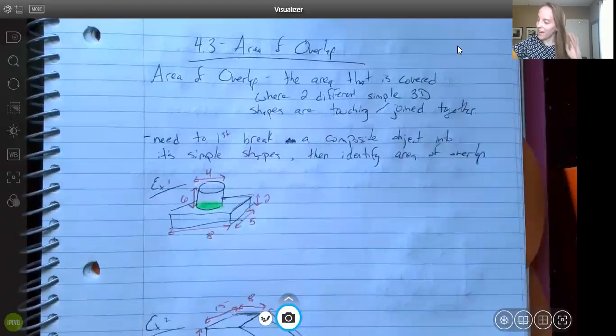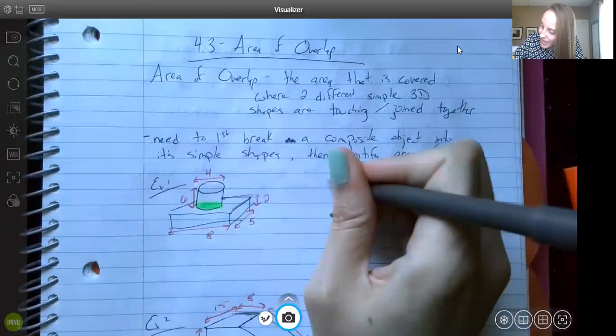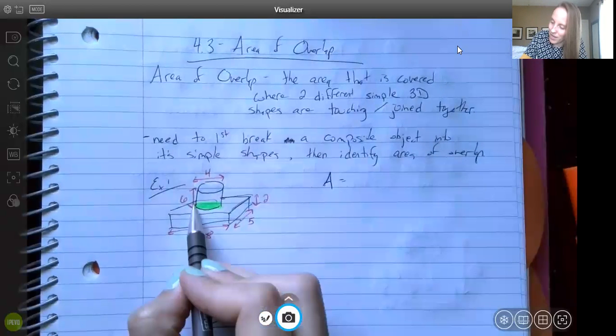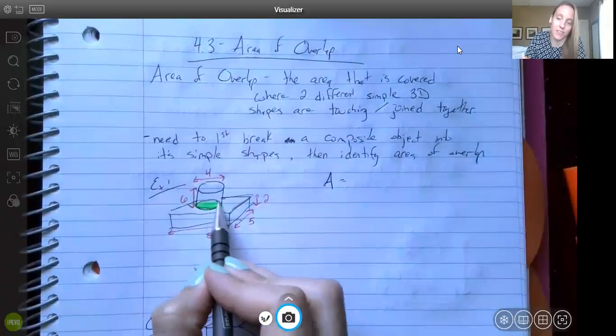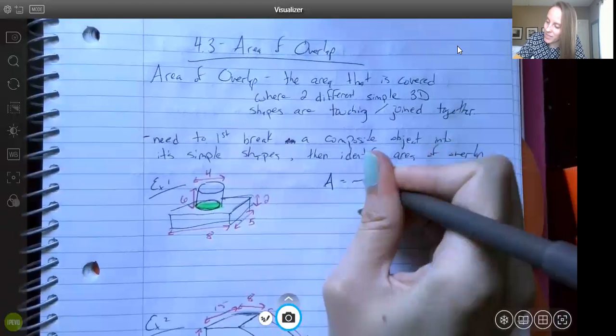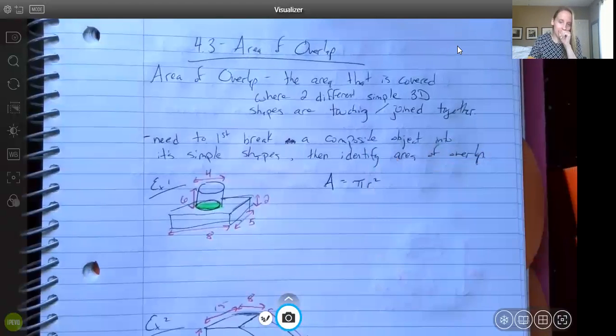And so if we were going to calculate the area of overlap, in this case, that area that is overlapping is a circle. It is the circle that is the bottom of that cylinder. So the formula that we're going to use is pi r squared.